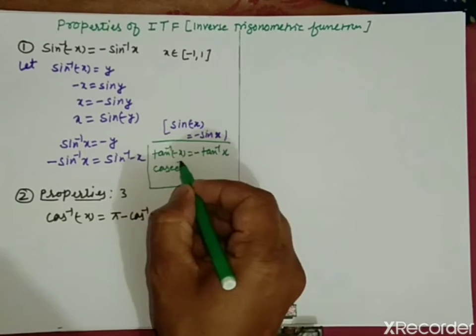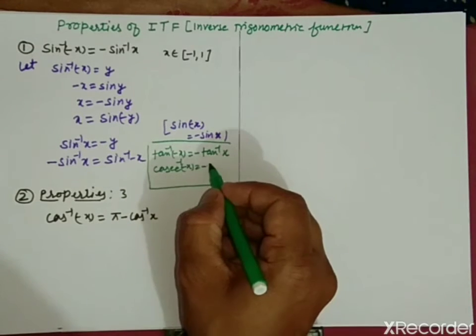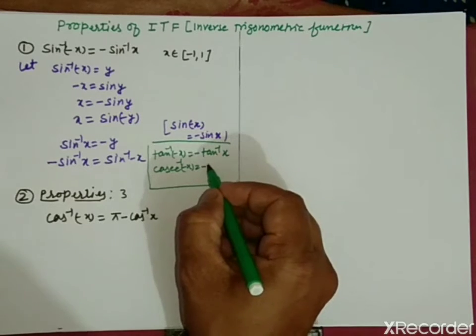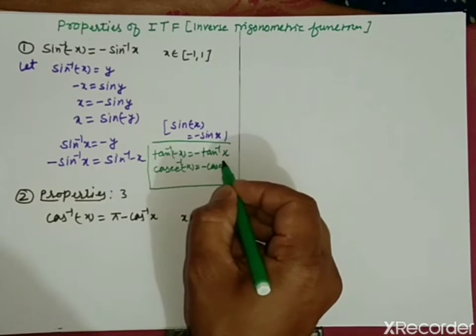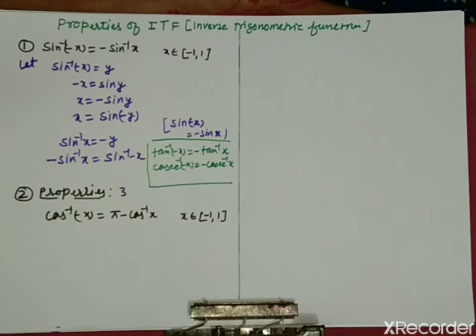Cosec inverse minus x is equal to minus cosec inverse x. Clear?